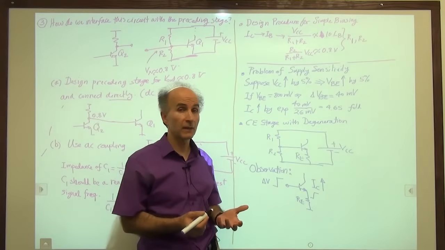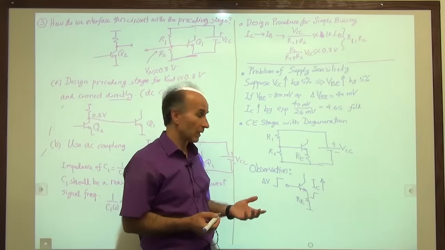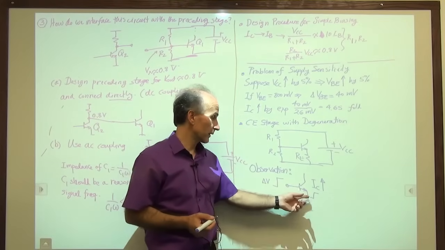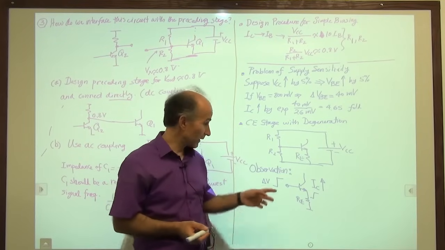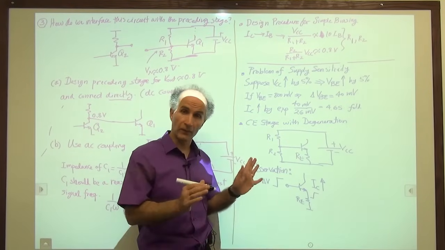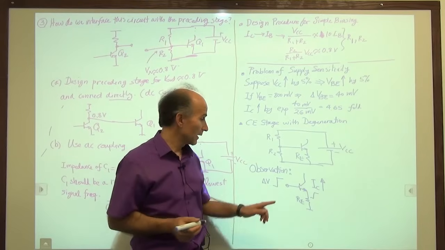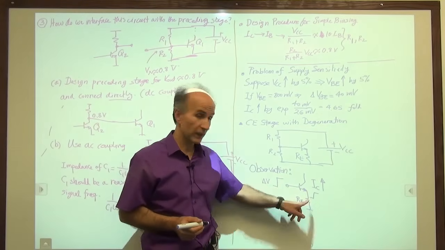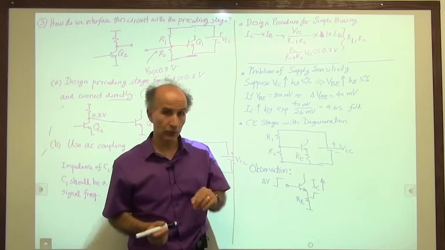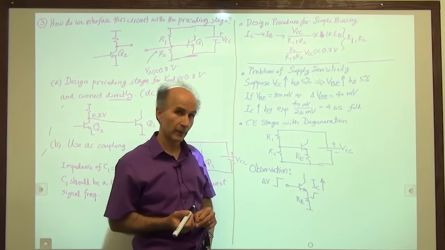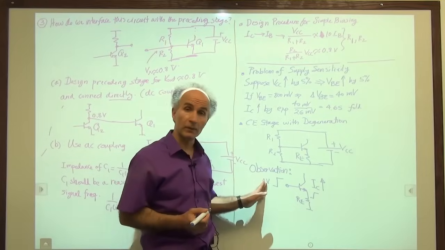So we can quickly see that the right answer is that when the base voltage goes up, the emitter voltage also goes up. Now, does it go up by the same amount or not? Well, we don't know. But all we know is that if the base voltage goes up, the emitter voltage has to go up by some amount. It cannot stay constant, and it cannot go down. Okay, so that's good to know.